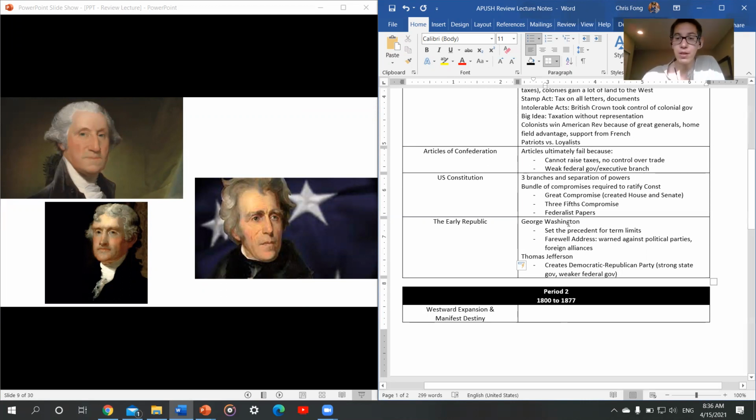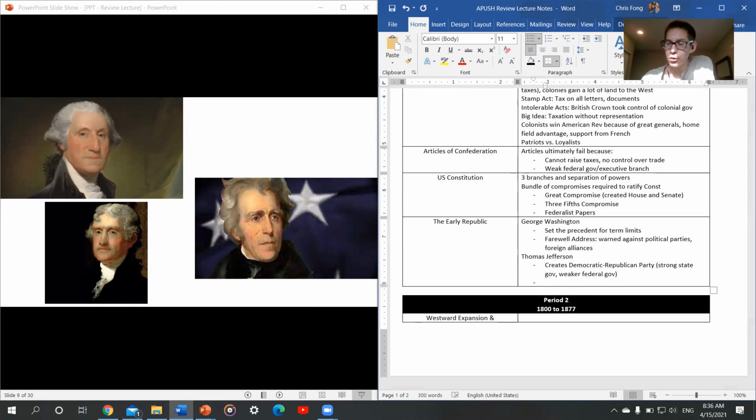John Adams, in between these two, was a federalist. Federalists believe in a strong federal government. And so Thomas Jefferson, perhaps his most important contribution, which is a bit contradictory here, is the Louisiana Purchase in 1803, which doubles the size of the US, buying a huge tract of land from France. It's contradictory because, well, that's the federal government making a huge land purchase, which is a little contradictory.